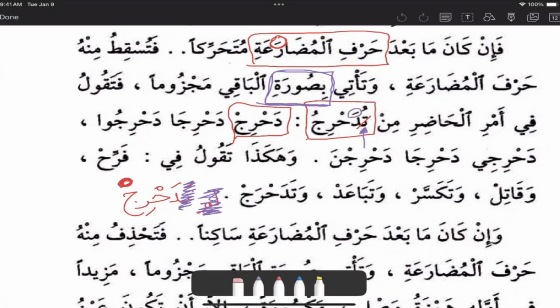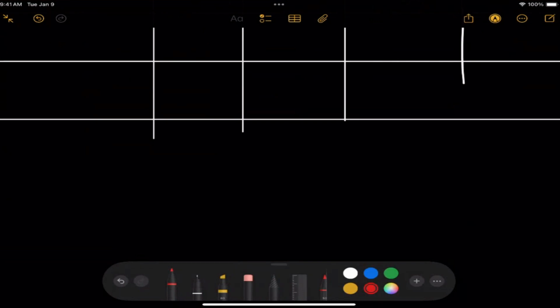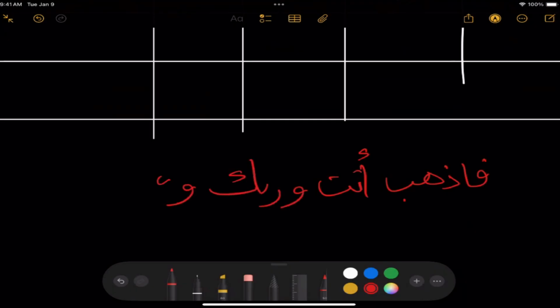what did the children of Israel say to Musa alayhi salam? They said to him, فَاذْهَبْ أَنْتَ وَرَبُّكَ فَقَاتِلَا. They said فَاذْهَبْ أَنْتَ وَرَبُّكَ وَقَاتِلَا.